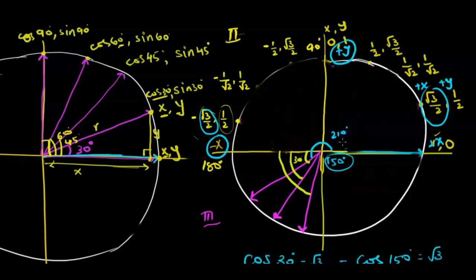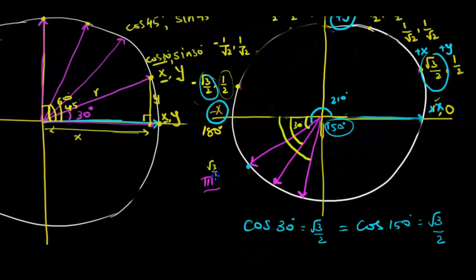So the ratio for 210 and 30 will be again the same, and that is root 3 by 2, 1 by 2. This is 1 by root 2, 1 by root 2. And this is 1 by 2, root 3 by 2. However, in the third quadrant, because we are lying in between the negative x and the negative y-axis, both x and y values are going to be negative.